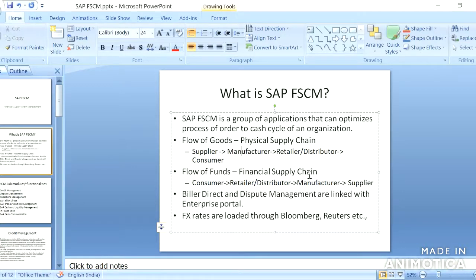So all these things: whether the customer has the required credit limit or not, and if the customer is not paying the amount on time, what is the process which we need to follow to collect the money from the customer?